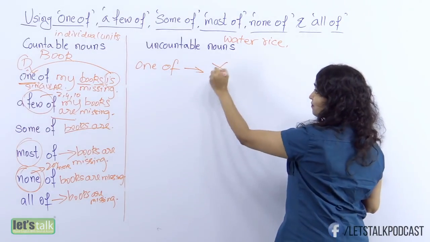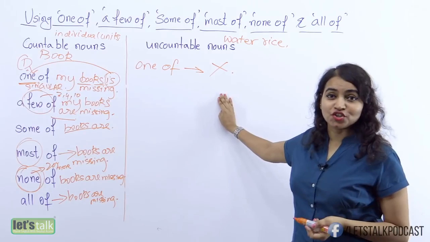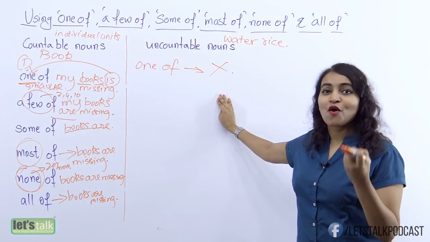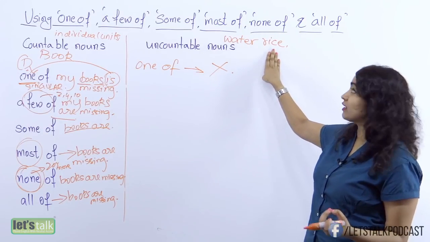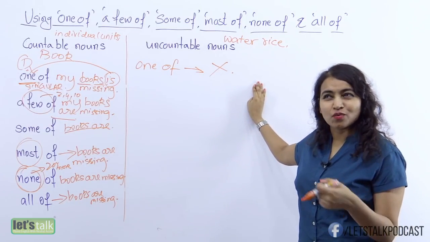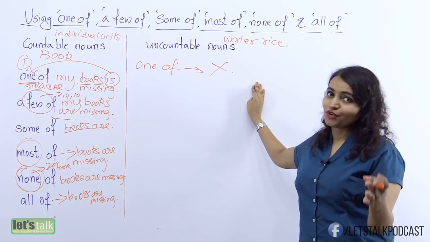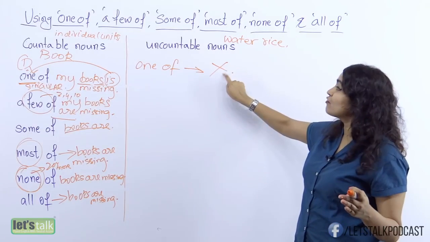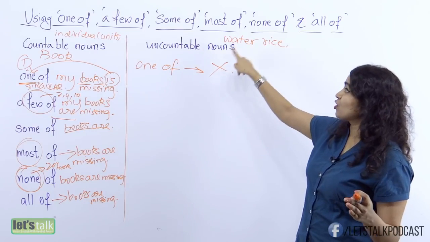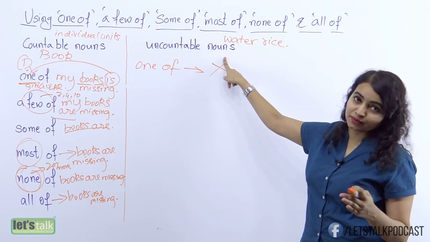No, I can't, because as I've already mentioned to you, we cannot quantify water or rice. So I can't say one of the water or one of the rice. It's just water or rice. So one of is an expression that you will never use when you are talking about an uncountable noun.